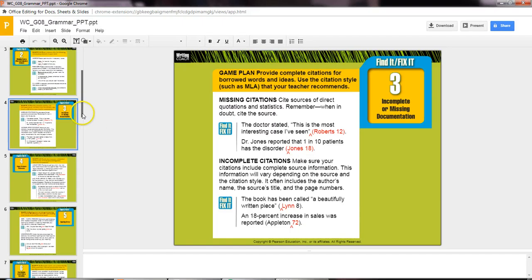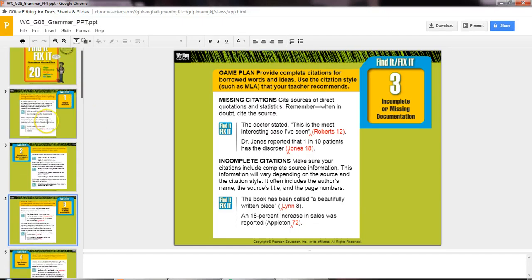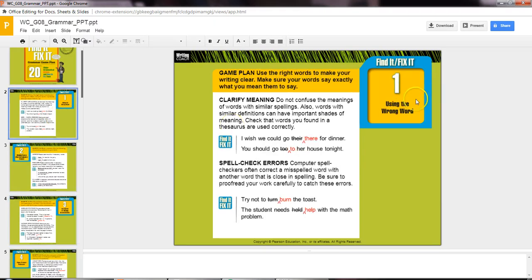The second error was grammar game plan number 1. This is using the wrong word. The word that she used is proactive, and we can tell this is not the word that she meant because even though it wasn't flagged by her spell check, since proactive is a real word, it's a positive word, and she's talking about all the things that are wrong with female role models.